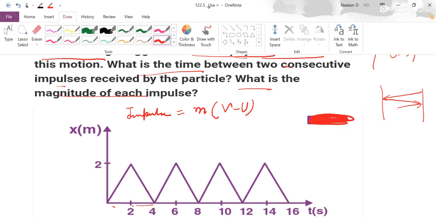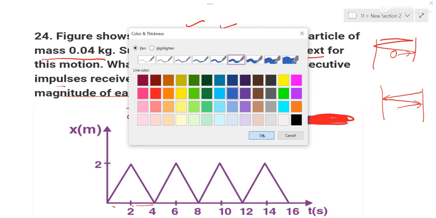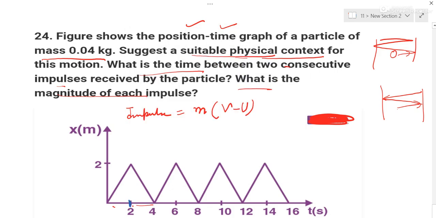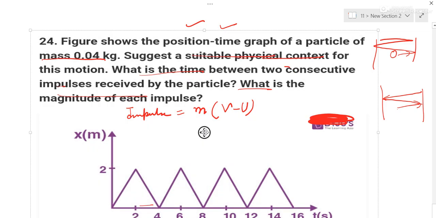Just learn how to find out v and how to find out u. For example, let us see, this is 2. Before this, the velocity is this, that is u. How to find out this velocity? Perpendicular by base. Perpendicular is 2 and base is 2. So 2 by 2, how much is it? It's 1. So this is initial velocity, right? So m, initial velocity is 1.